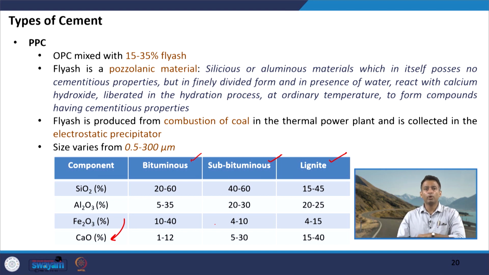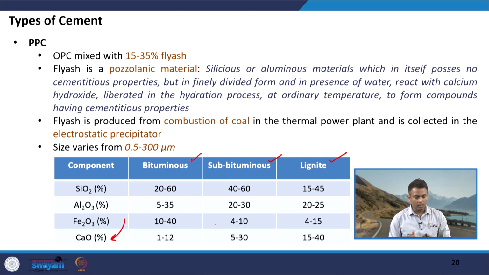Now, if you remember, we discussed the production process of cement, and we said that we need a source of calcium oxide, which is typically the limestone, and then we use clay or shale that contains alumina and silica. So, these are the primary raw materials.